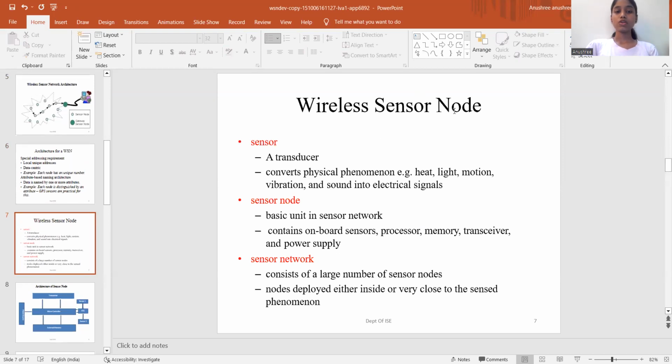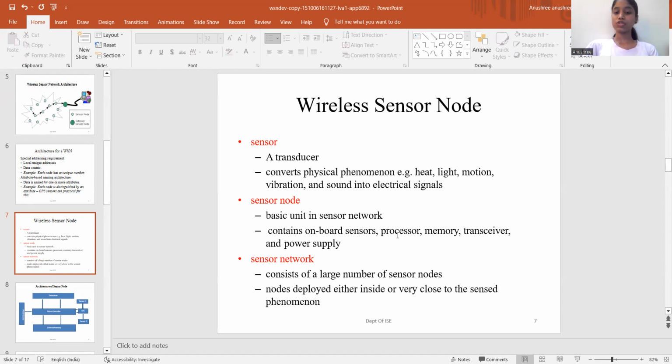Wireless sensor node. So, what do you mean by a sensor? A sensor is a transducer that converts physical phenomena like heat, light, motion, vibration, and sound into electrical signals. So, what is the sensor node? A sensor node is a basic unit in a sensor network, containing onboard sensors, processor, memory, transceiver, and power supply.